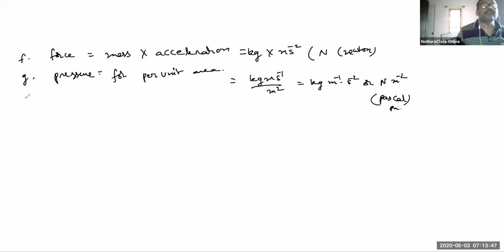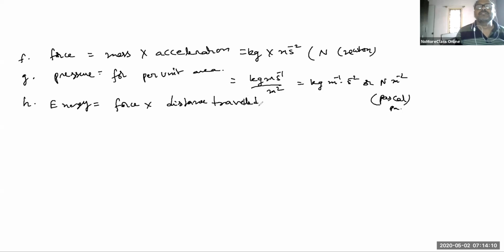Next, another thing is energy. So energy is equal to force into distance traveled. What are the units?